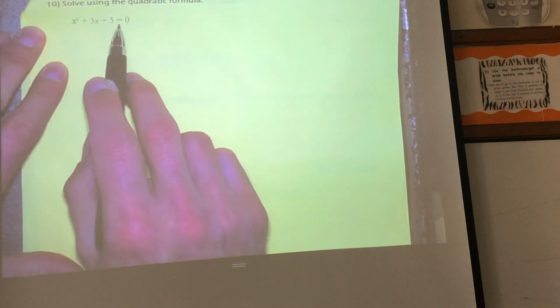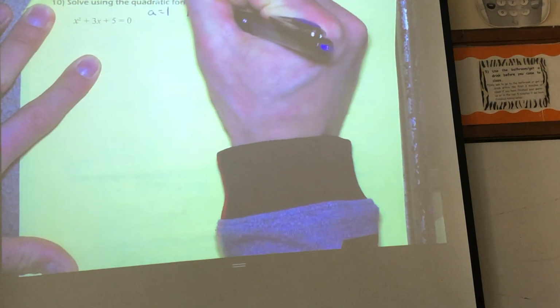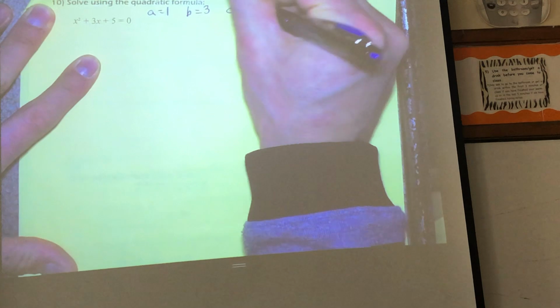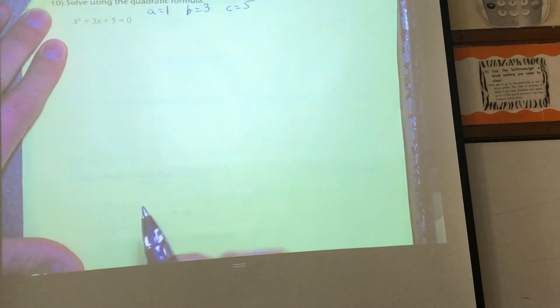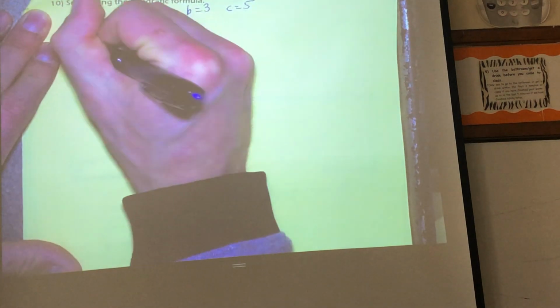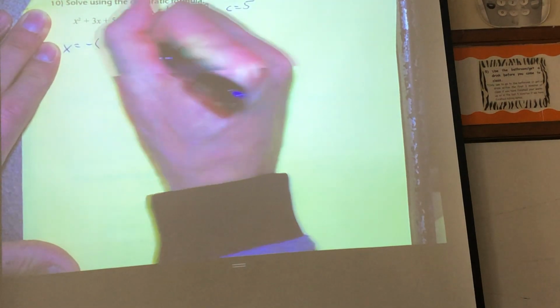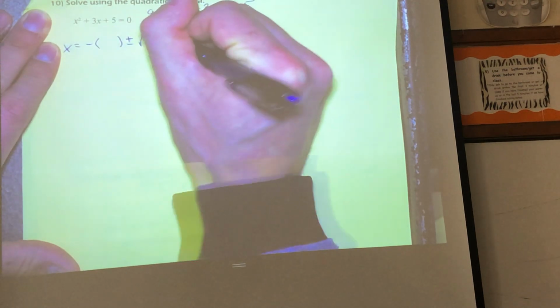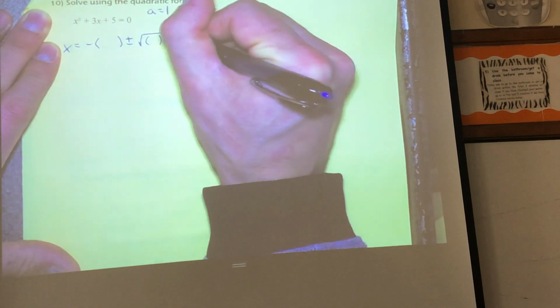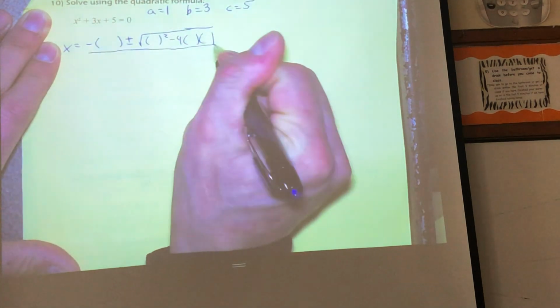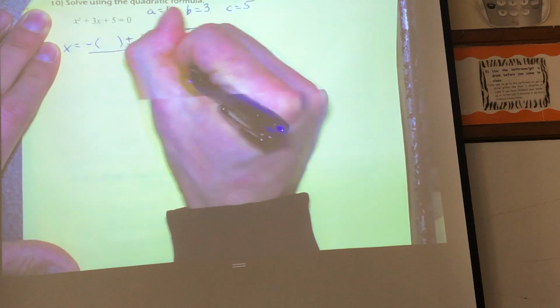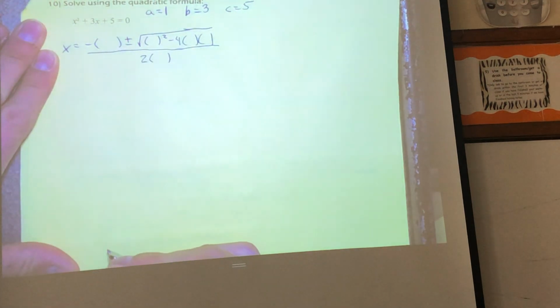We're in standard form, so I'm just going to state my a, b, and c. So a is 1, the number in front of x squared. b is 3. c is 5. So I plug this in. I'm going to put sets of parentheses where each number will go to replace the letter.